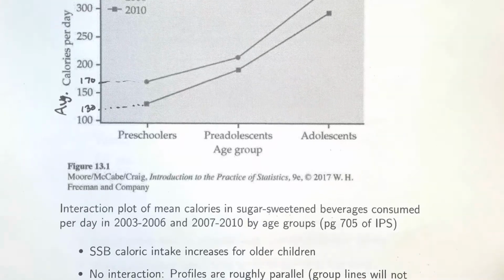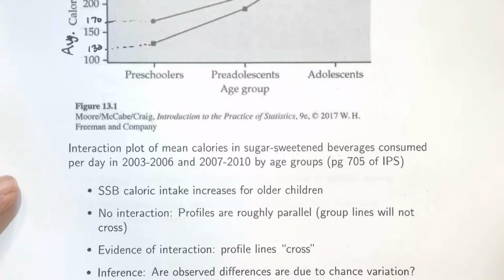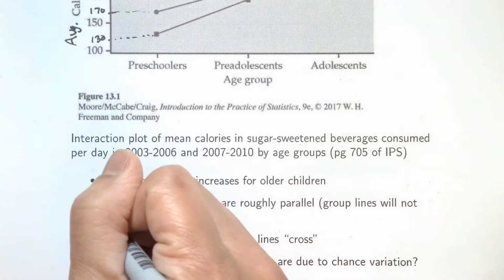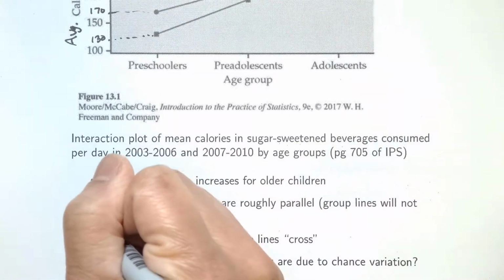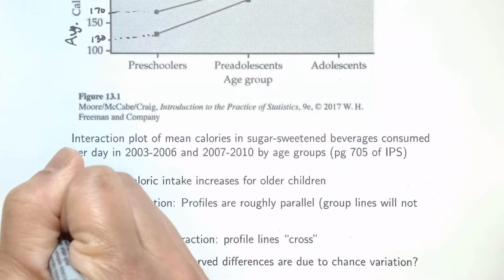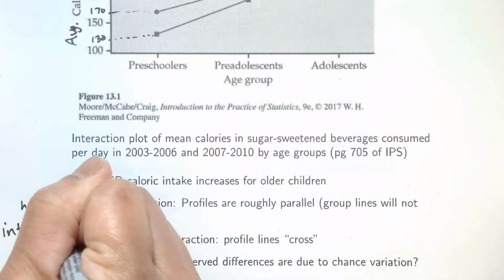If there was an interaction, then we would expect to see lines that are not parallel, and they might actually cross in the image, or when we look at the figure and think about extending the lines, it might look like they would cross at some point. So this is basically giving us guidelines on how to interpret our plots.